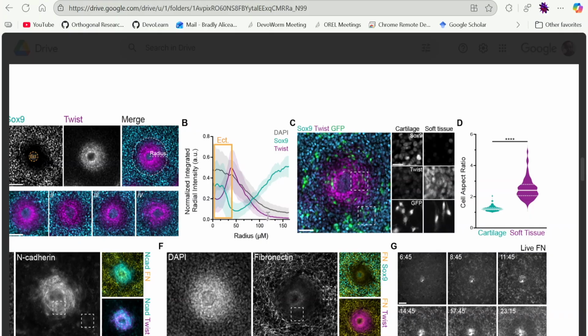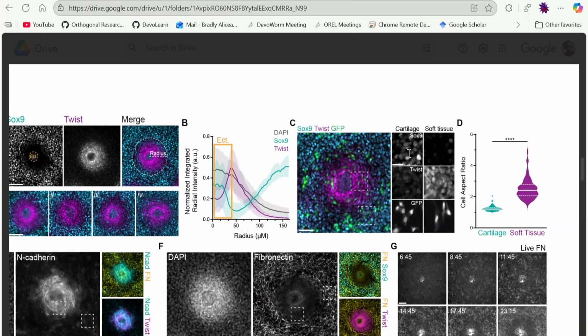This is spatial transcriptomics, where you have this profile by radius, in microns. So as you go outward, you have this drop off in Twist, this drop off in DAPI, as you might imagine, because you're getting to the edge of the cell body, but then SOX9 increases here. So this is where you have the SOX9 Twist GFP stain, so it's co-stained, and you can see that here.